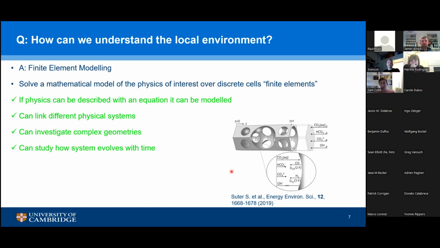And as long as our physics is sound, which fortunately it often is, we don't break physics too often, we can start to fill in these gaps and interrogate what's happening in the model and correlate that to our experiment. It's worth saying this isn't DFT. We're not working from first principles. Everything has to be describable with some kind of analytical expression, so your model is only as good as your analytical expression.